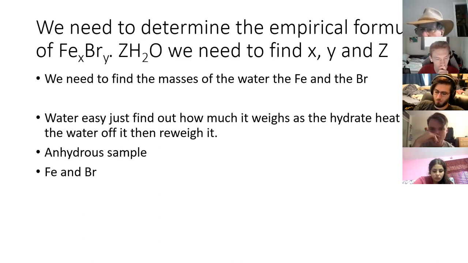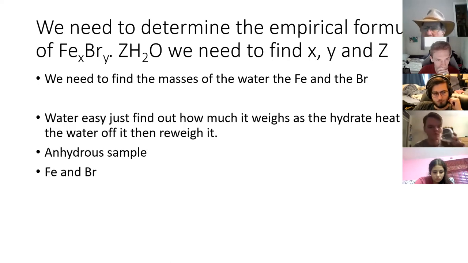Water's easy. Didn't we do that last Thursday? We took the sample, we weighed it in the crucible, we got the weight of the hydrate. Then we weighed it after heating. Subtracted the two, that was the weight of our water. Simple, easy peasy. We've done that before.